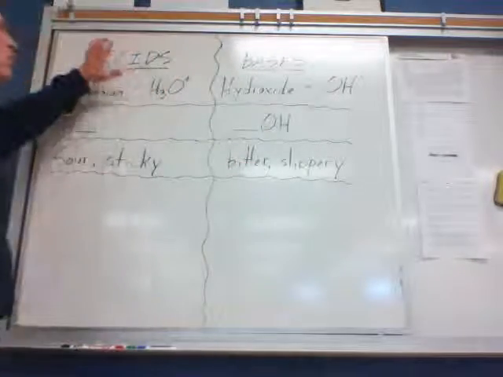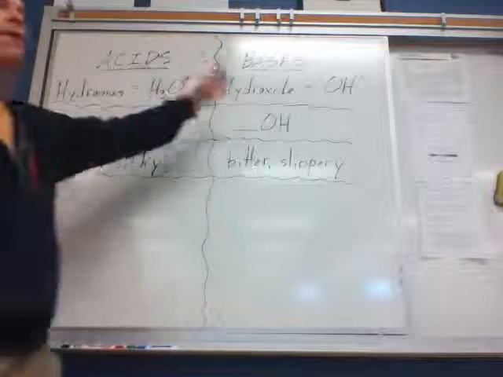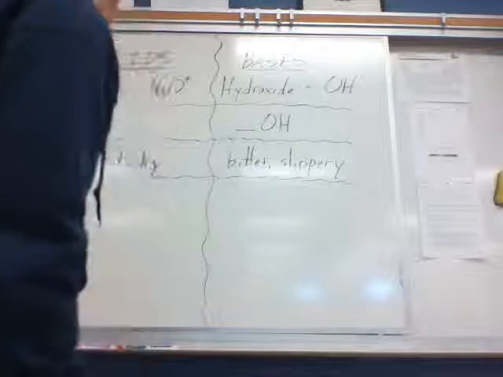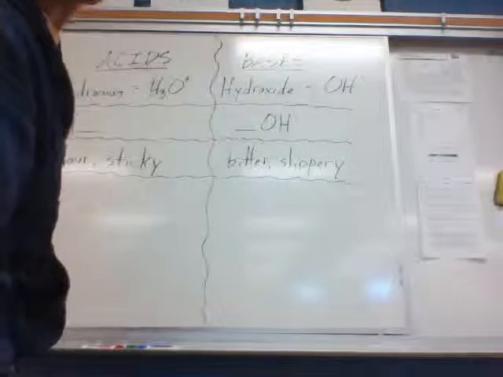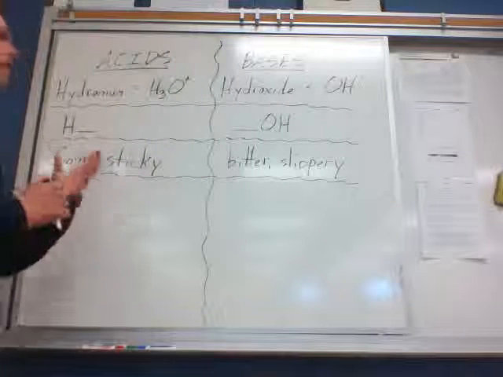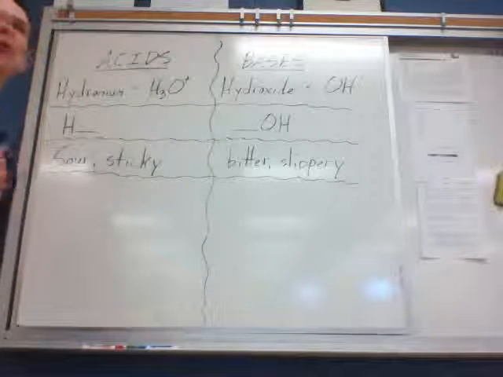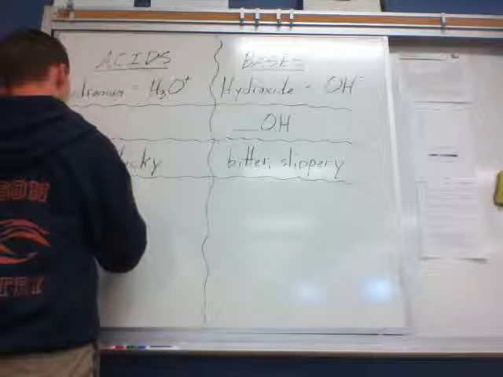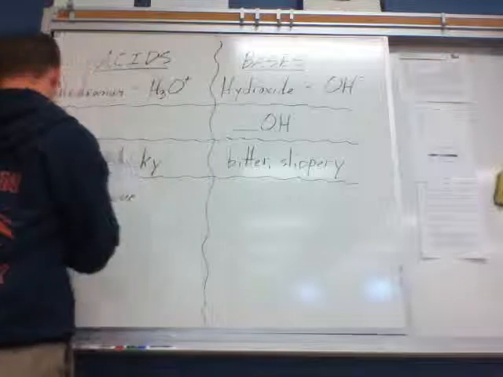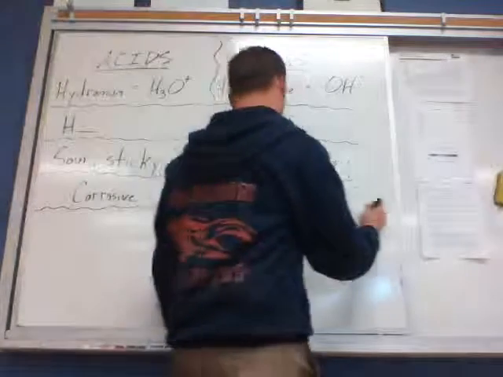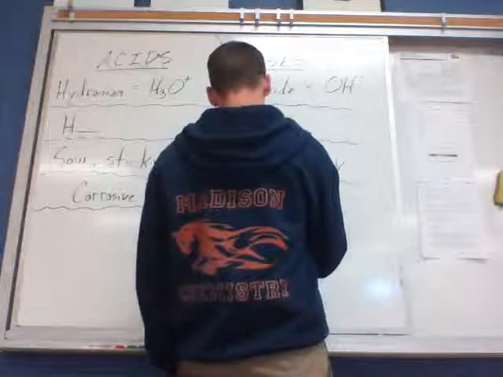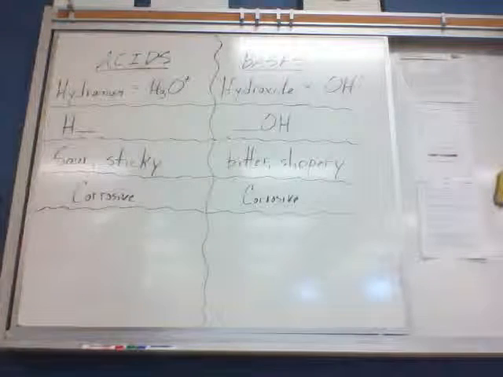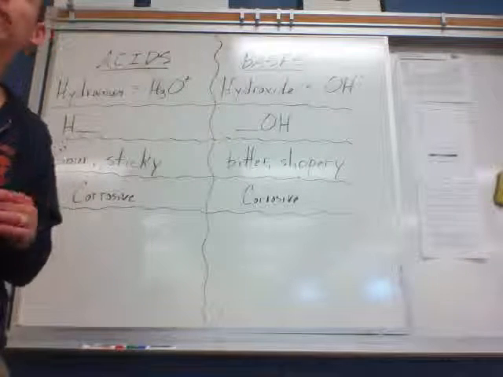So lots of foods are acidic. Lots of cleaning products are basic. A major thing they have in common, you'll notice everything up here right now doesn't match, but both acids and bases are corrosive, which basically means that they both have the ability to destroy.